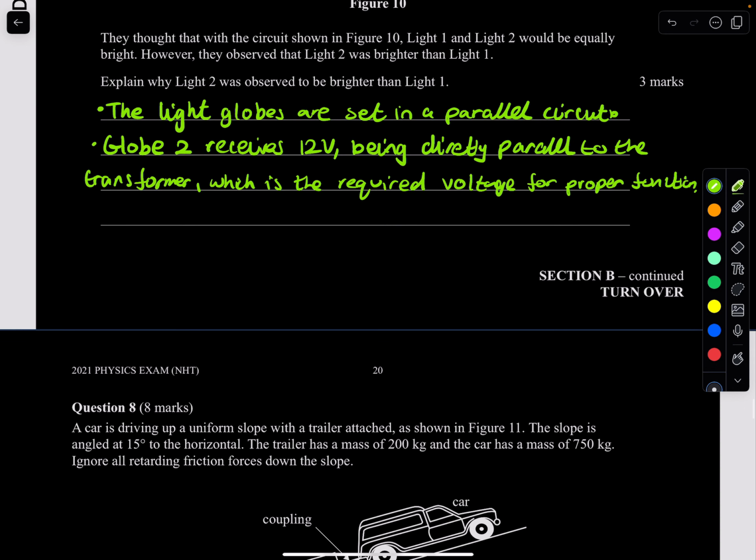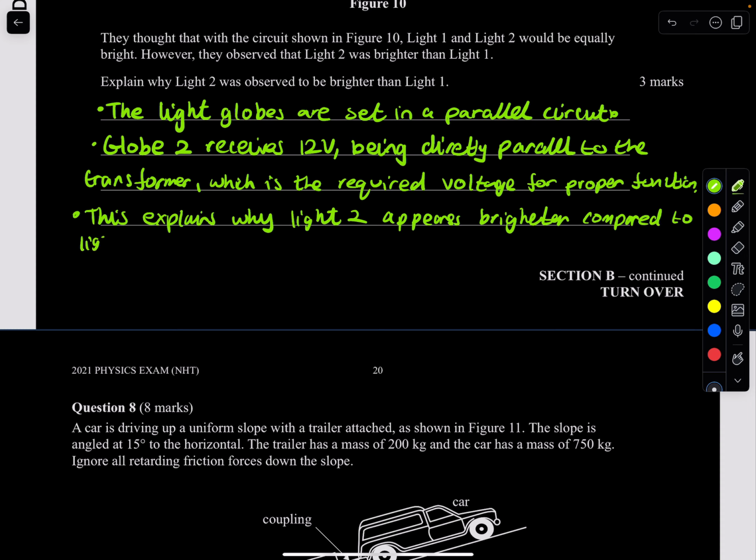All right. So this explains why light 2 appears brighter compared to light 1. I'm just writing, oh my god, I'm making so many spelling errors.